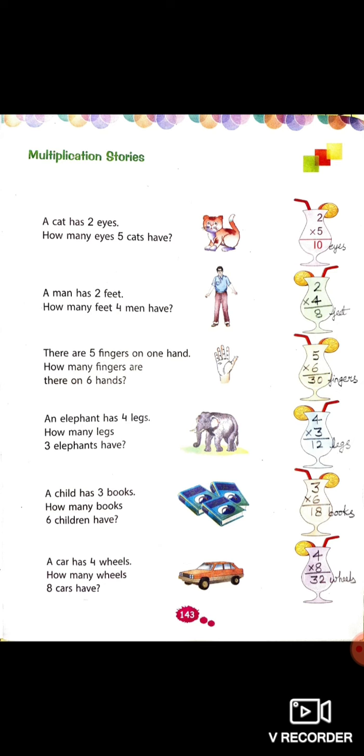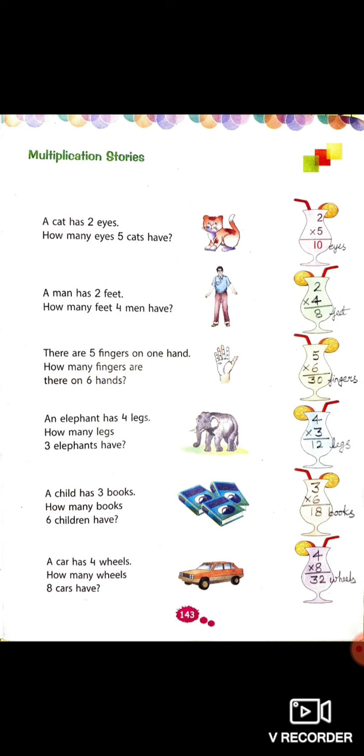So first whatever is given to you, that you will write, that is 4 wheels, so you will write 4, and below that, what the problem is asking, about 8 cars, so you will write 8 below 4. Since you know that this question is asking about more, you have to do multiplication. You will read the table of 4, 8 times. 4 8s are 32. So 32 wheels. 8 cars will have 32 wheels.